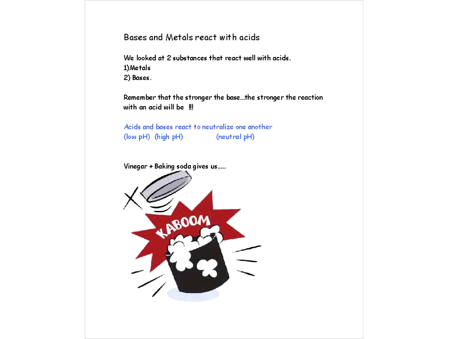All right. Now we're going to talk about different sorts of chemicals that react with acids, and both bases and metals react with acids. Also remember that the stronger the base, the stronger the reaction with an acid will be. So whenever acids and bases react with each other, they neutralize each other, right? And you guys remember that acids have low pH. Do you remember how low their pH is?